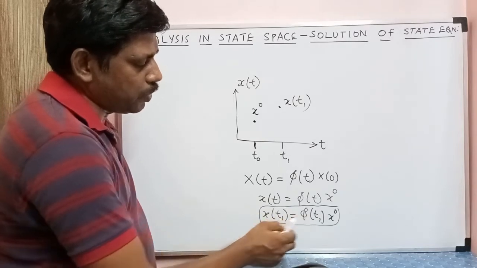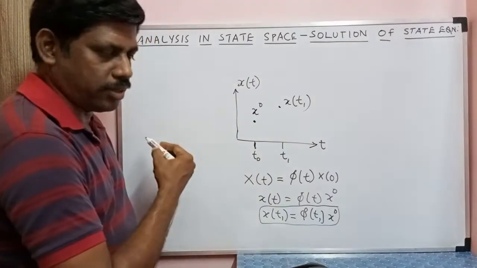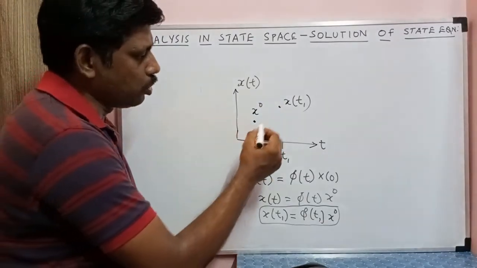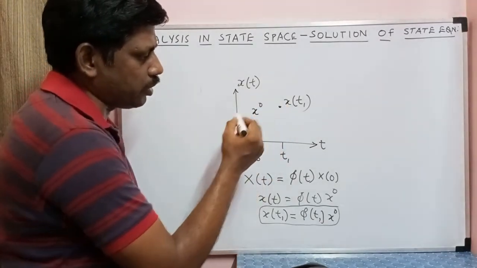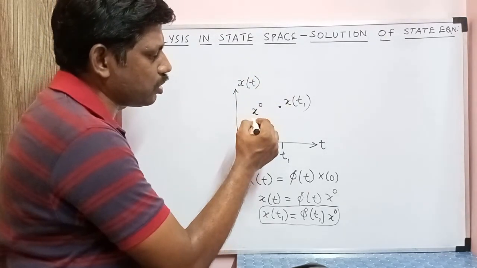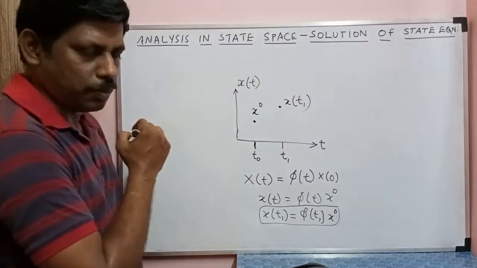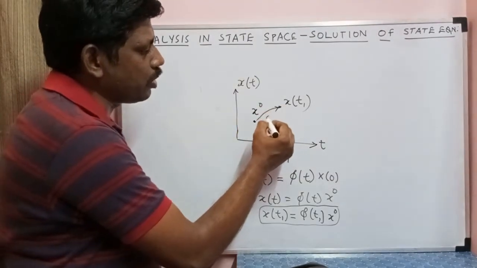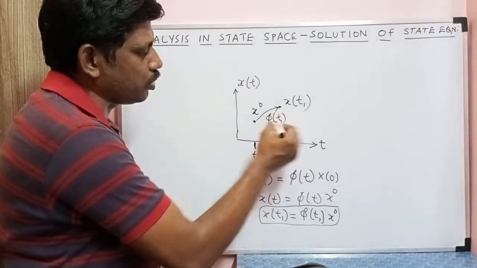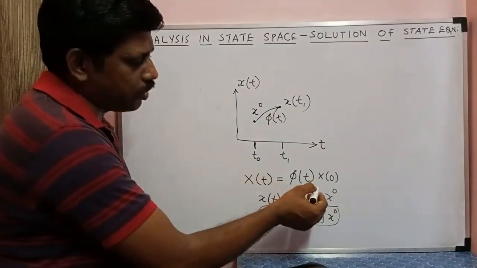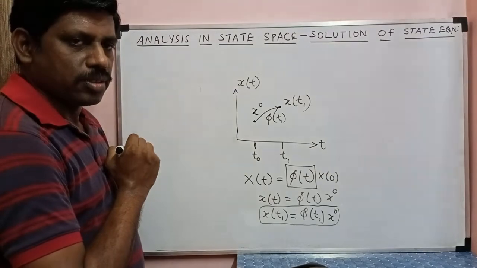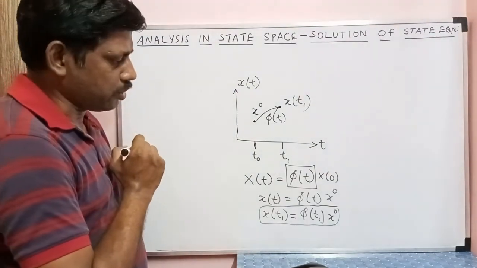If I multiply this, I get the new state. So this is the initial state and this is the new state. The transition from the initial value to the new state is obtained by multiplying the initial value by this phi of t1. So that is why I call this matrix as state transition matrix.